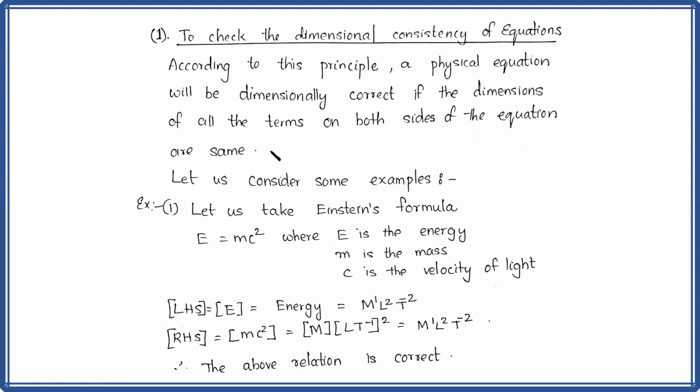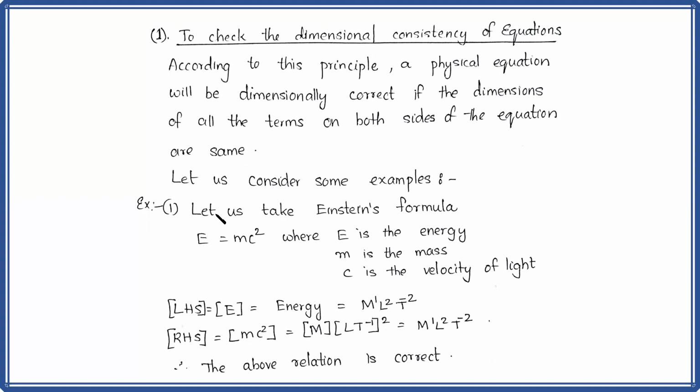Then for every term the dimensional formula should be the same. If the dimensional formula is the same for all the terms of LHS and RHS, then we say that the equation is correct.